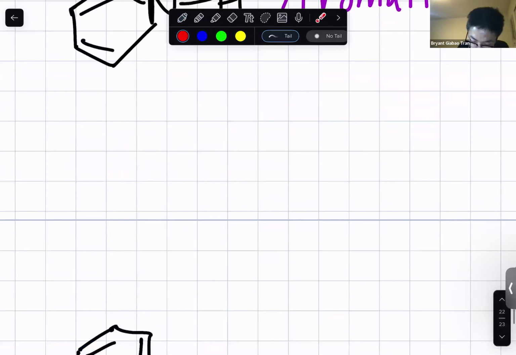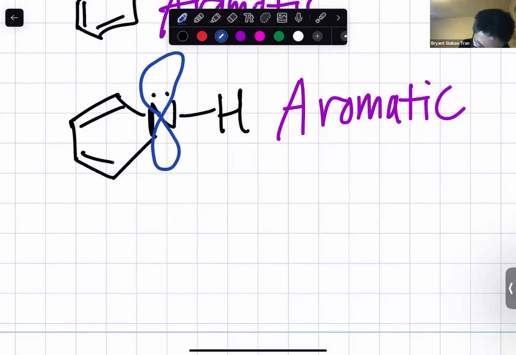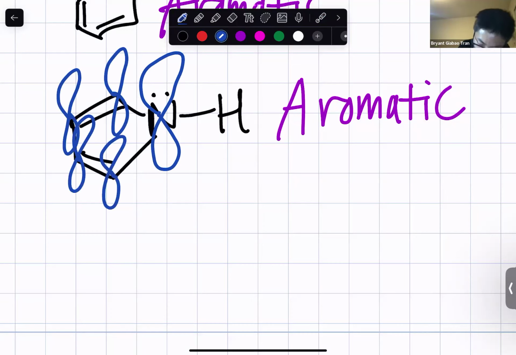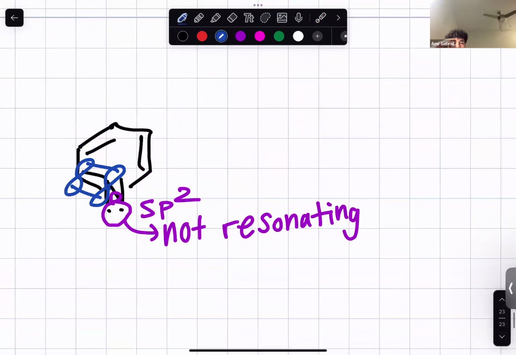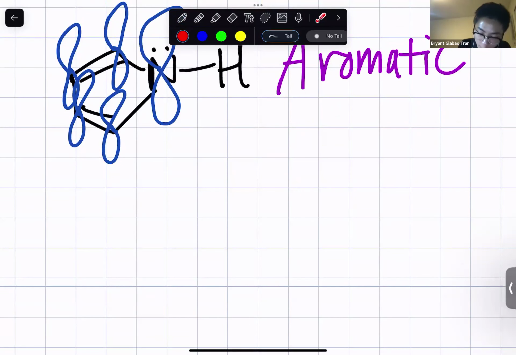In the previous example, the lone pair on this nitrogen was on a p orbital because it was able to do resonance with that structure right there. And that's because there was no double bond between that carbon and nitrogen there. There was only a single bond, which allows it to do resonance and make a double bond there.